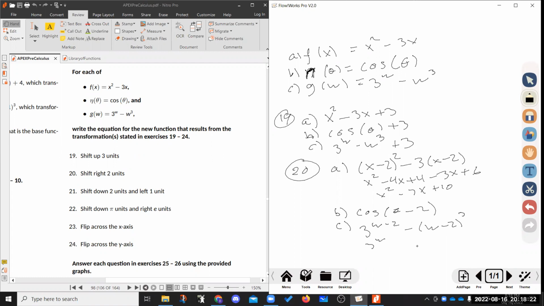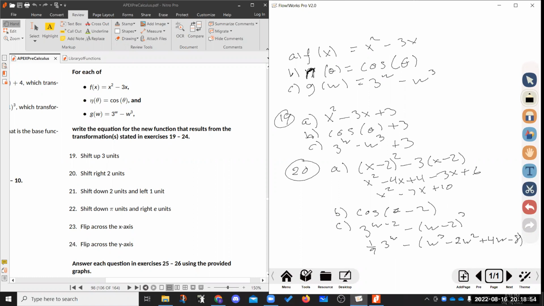If you want to, that's going to be 1/9 of 3 to the w minus w to the third minus 2w squared plus 4w minus 8.